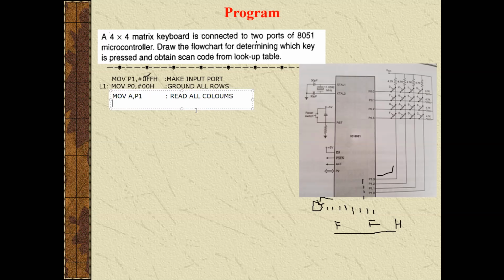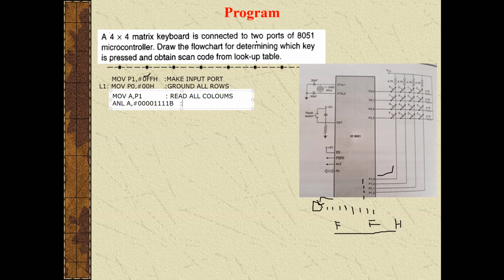Then we perform ANL A, #00001111B. Here we perform a mask operation. By executing this instruction, ANL performs an AND operation between the immediate data and the data present in the accumulator, and the result is stored in A only.